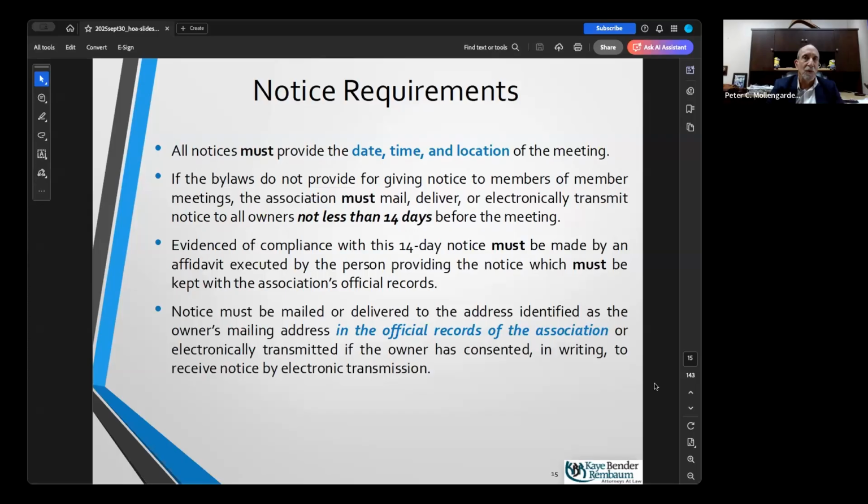Now, once they give you that permission, that can be revoked at any time by the owner. But as long as it's on the record, among the records, then you can send the notice by electronic transmission.